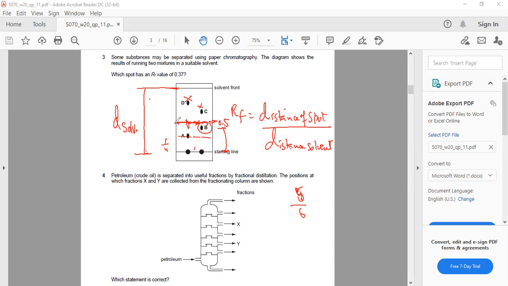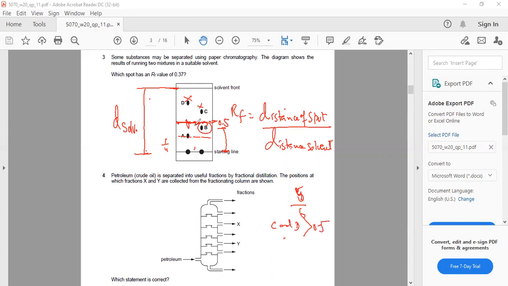Okay, this is the middle portion. So we have to divide the distance of the spot by the distance of the solvent. And you can use a ruler also. Why are C and D wrong? Because the answer for C and D should be greater than 0.5.